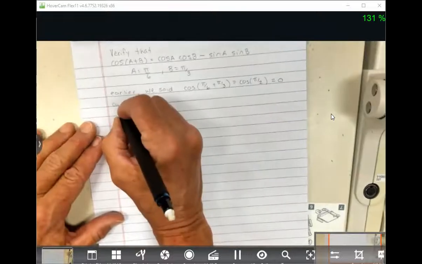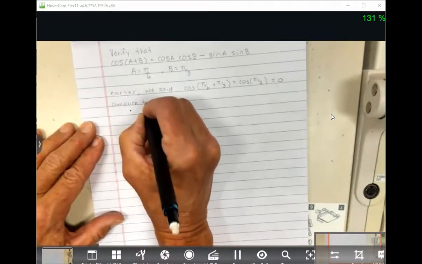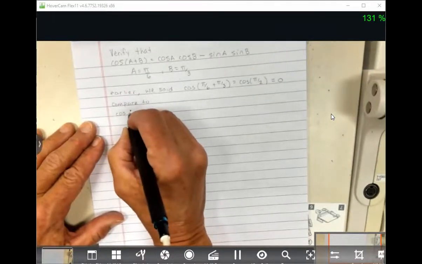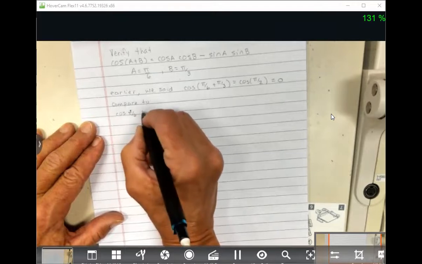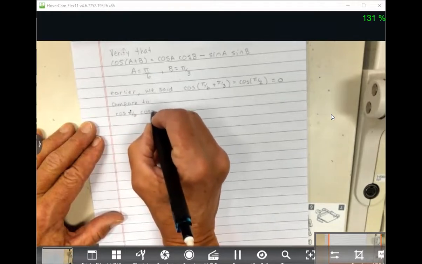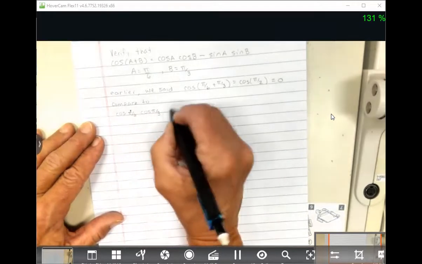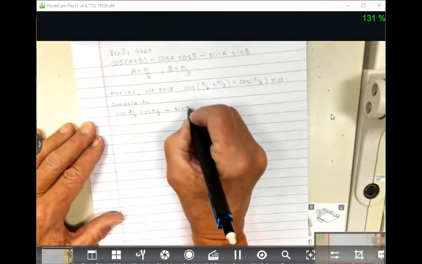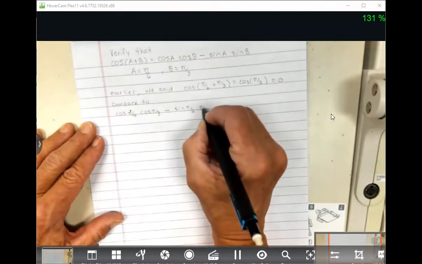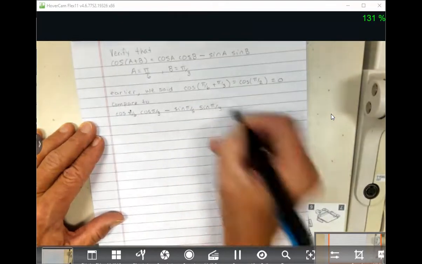Compare that to the cosine of A, well, A is pi over 6, cosine of B, B is pi over 3, minus the sine of pi over 6, sine of pi over 3. Cosine of pi over 6 is square root of 3 over 2. Sine of pi over 6 is a half.